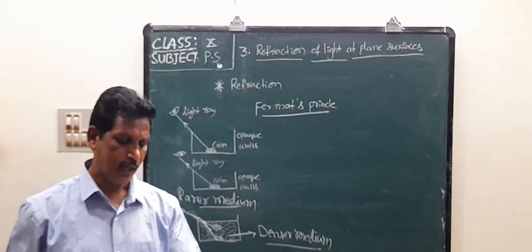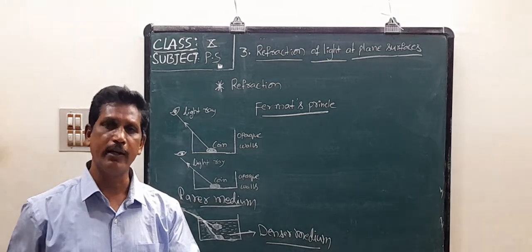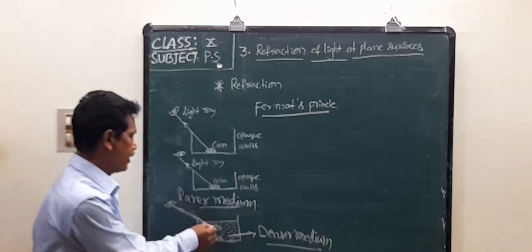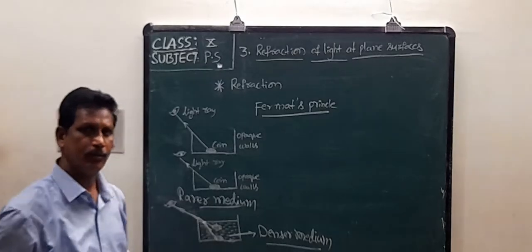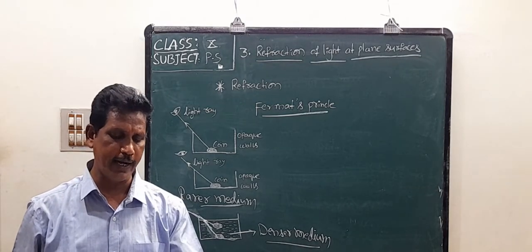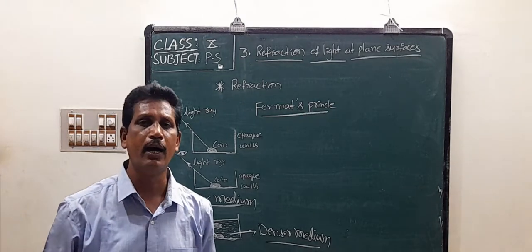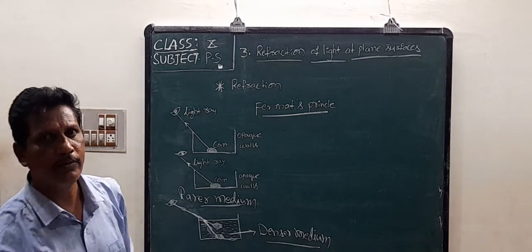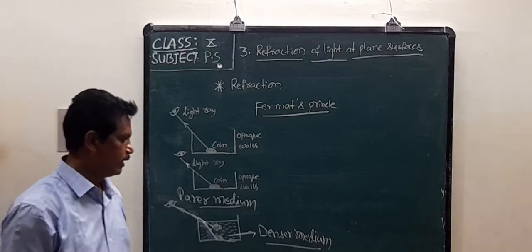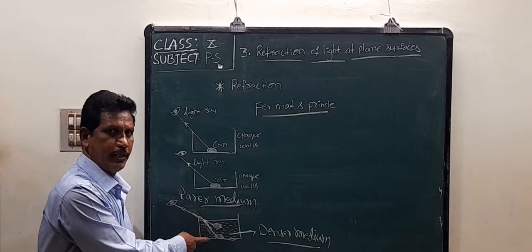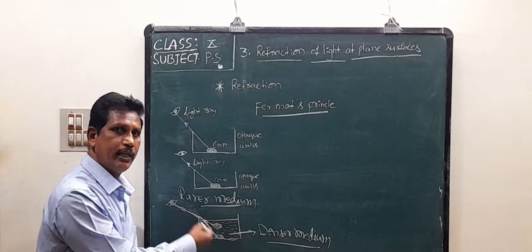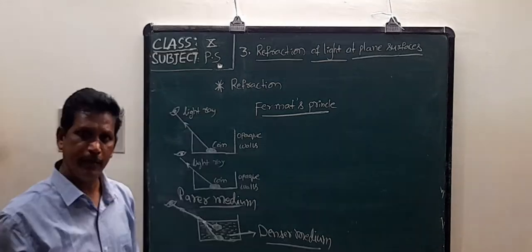The path is chosen by the light ray to minimize the time of travel between coin and eye. This is possible only if the speed of light changes at the interface of two media. The direction of the light ray changes between two media. From rarer medium to denser medium, the speed of light decreases, and the direction also changes.